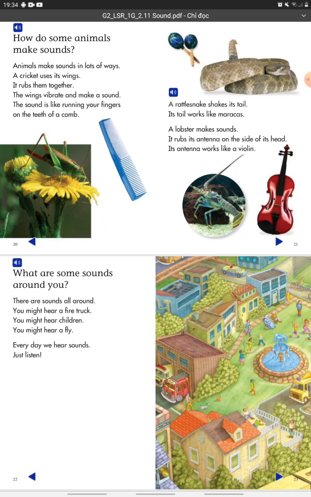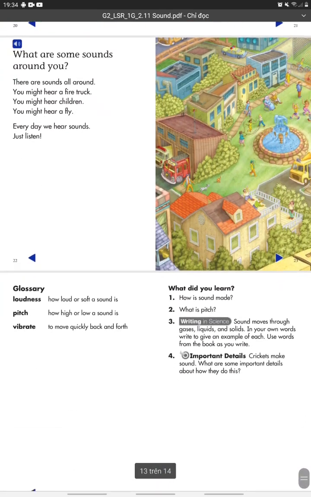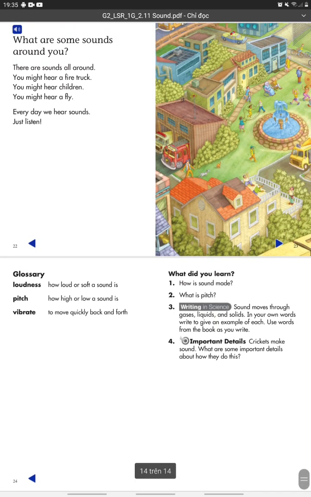So what are some sounds around you? These are sounds all around you. You might hear a fire truck. You might hear a chicken. You might hear a fly. Every day we hear sounds. Just listen. Like I'm talking. When I'm talking, I make sounds.